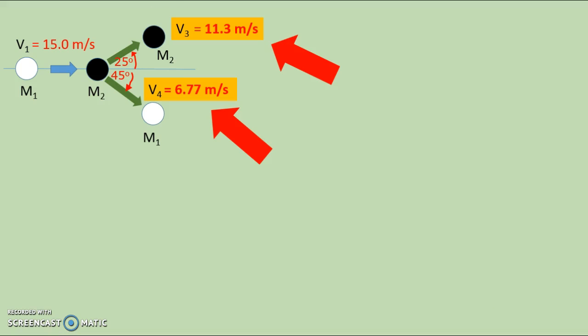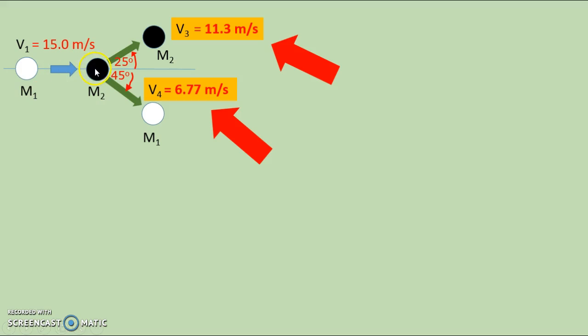So that is a very abbreviated way to calculate the velocity after an event occurs for two masses that have suffered a glancing collision. Initially the cue ball had a velocity of 15 meters per second, and initially the 8 ball had a velocity of 0 meters per second.